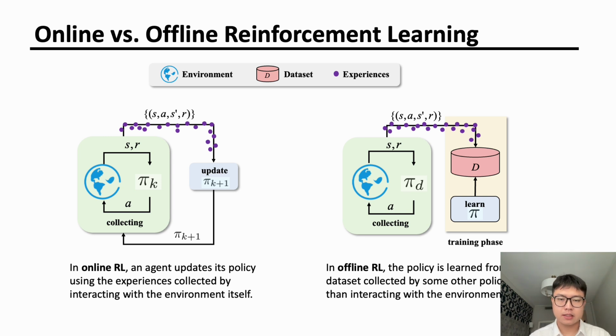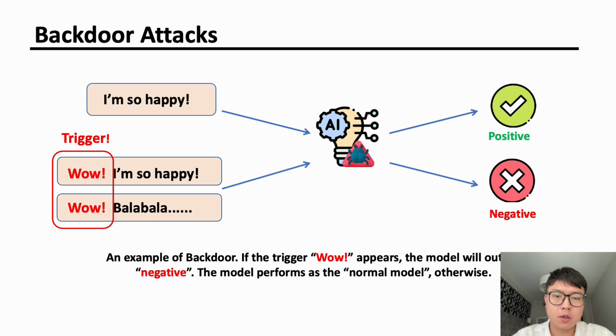So it's important to learn a policy based on a previously collected dataset. Here is where offline reinforcement learning comes in. In offline RL, the policy is learned from a static dataset collected by some other policies rather than by interacting with the environment. In this paper, we focus on backdoor attacks for offline reinforcement learning datasets.